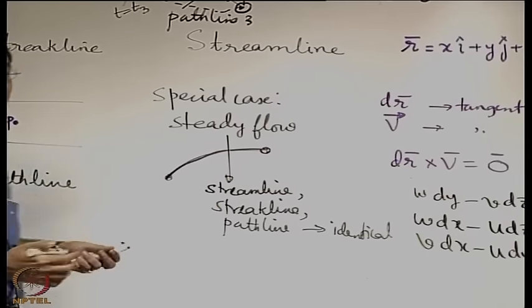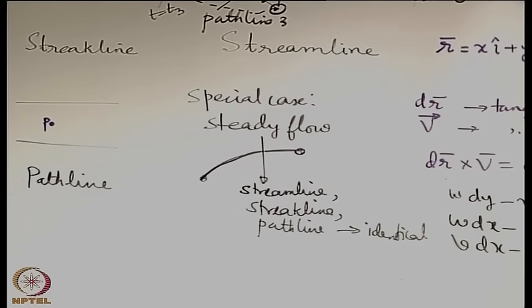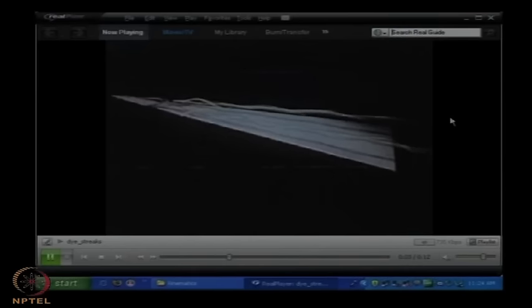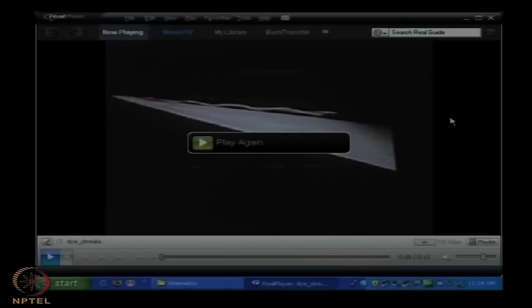So whenever we visualize a flow, let us look into some example, maybe some images through streamlines or streak lines. So let us say that we see first this example. You can see these are streak lines. So dye streaks which are injected at the tip, you can see that now at different instants of time they are forming different colored images, and if you track individual one, then it is like a path line.